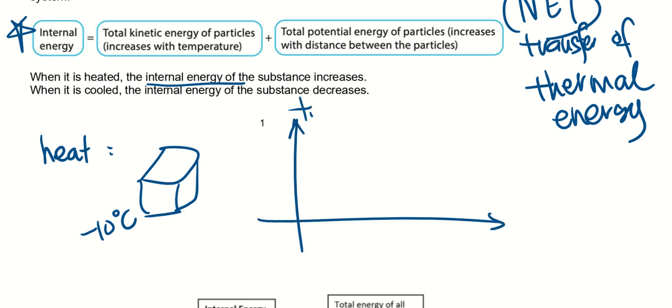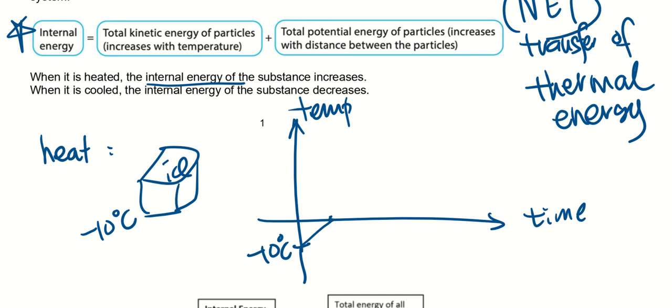So if this is a temperature versus time graph and I heat up the piece of ice, I will have to start off at -10 degrees, right? So if I heat it up, what will happen to the ice? It will have thermal energy transferred to it, right? So will it melt or will it change temperature? Change temperature. So it will increase in temperature until 0.